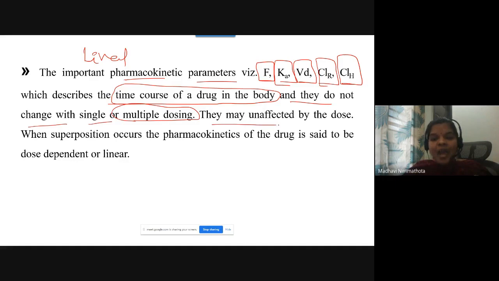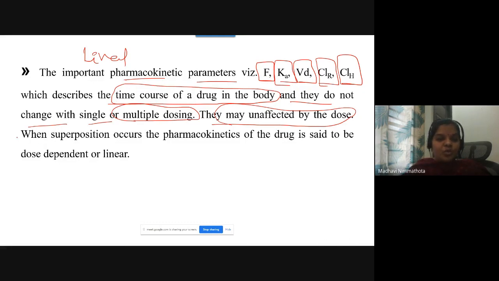So they are unaffected by the dose. They concentrate only on the time course of the drug, not on the dose. That's why these parameters may be unaffected by the dose.